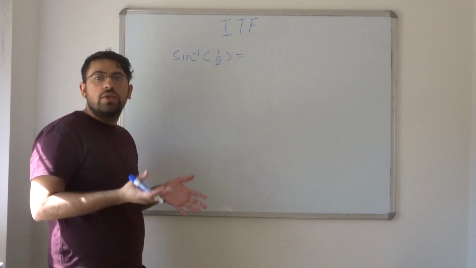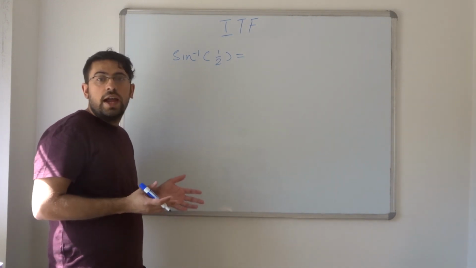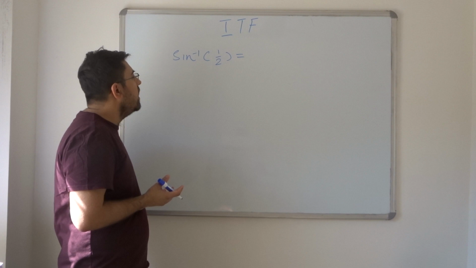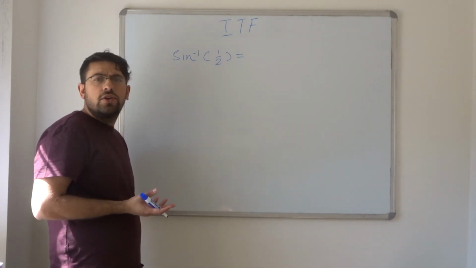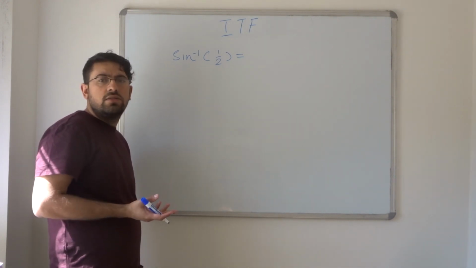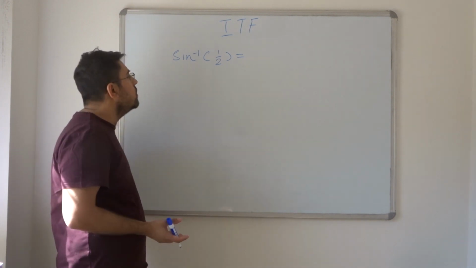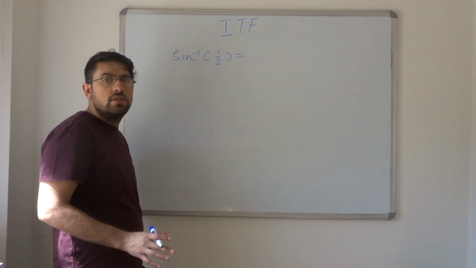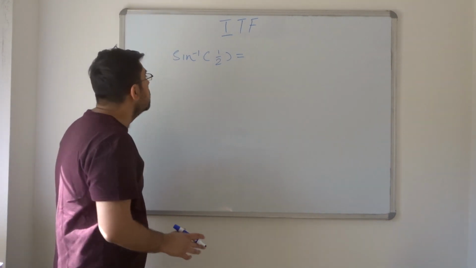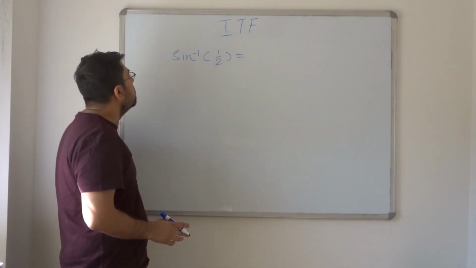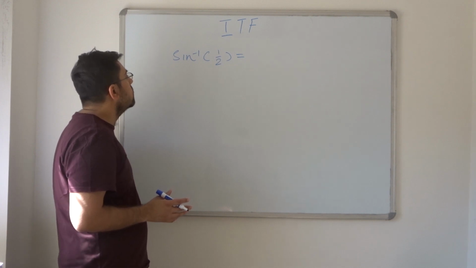I'm just trying to give you a basic notion of what ITF really is. We just have to focus on basic things like domain and range and principal value branch, and we don't have to worry about anything else when it comes to ITF.